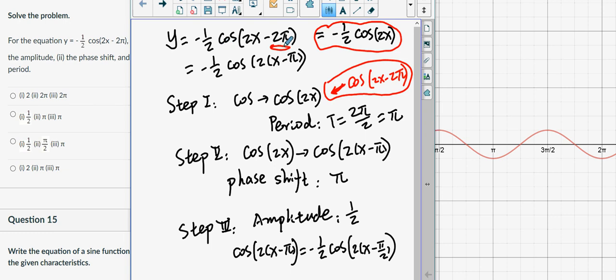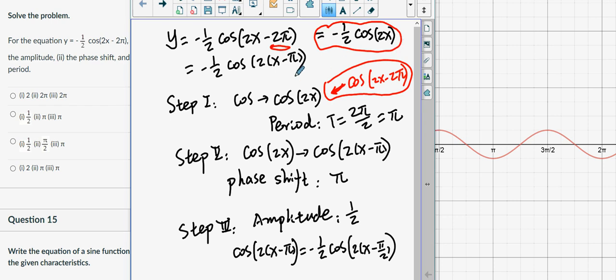Similarly here, this function is actually this function. The same. Okay? Because cosine has a period 2 pi, this 2 pi can just disappear because they have the same pattern in the whole range. So those two are equal.